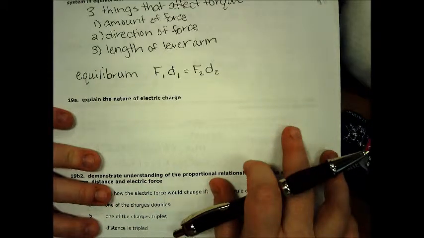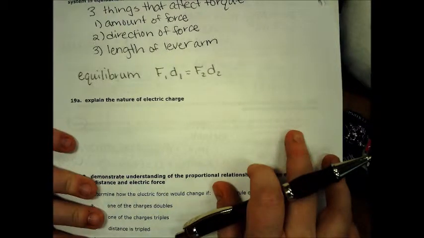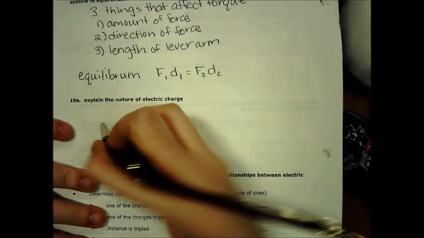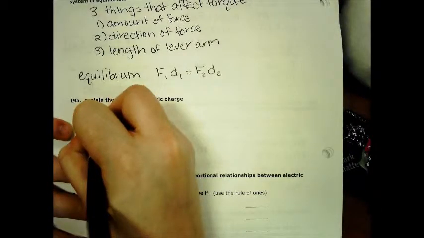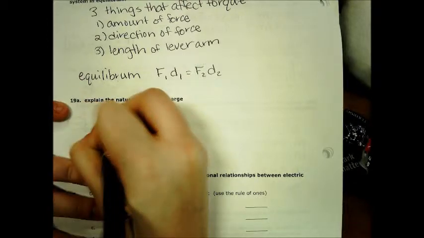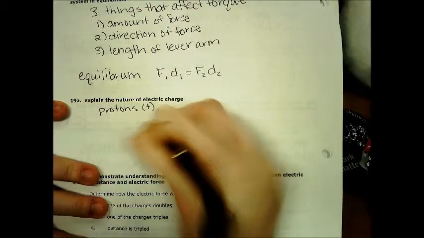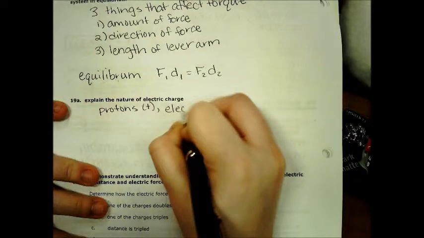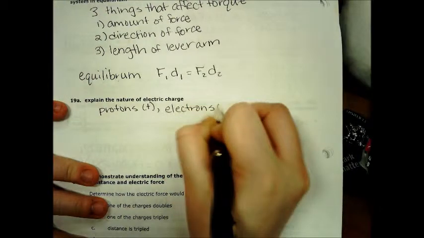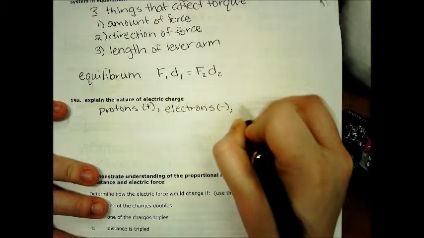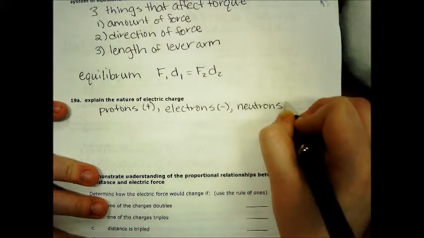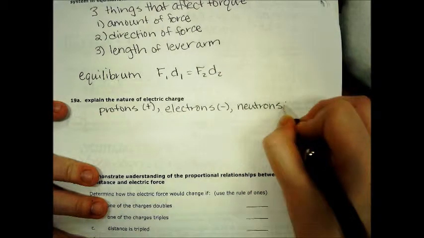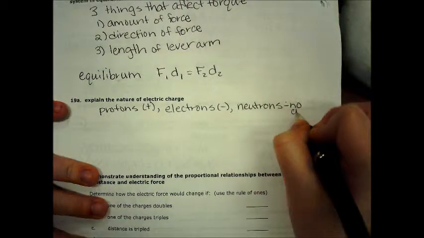All right, the nature of electric charge. There are three types of charged particles: protons, which are positive, electrons, which are negative, and neutrons, which are neutral.